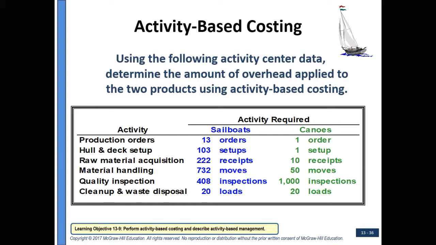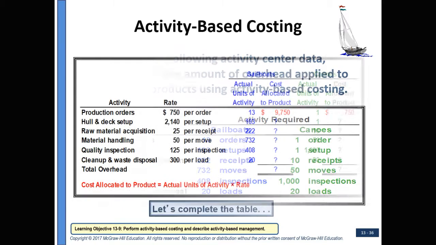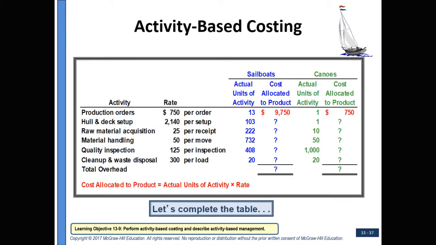So how many of each activity did a product take? There were 13 orders for sailboats, 103 setups, 222 receipts, so on and so forth. Then we looked at canoes. There was 1 order, 1 setup, 10 receipts, 50 moves. We allocate the rates from that activity center chart.